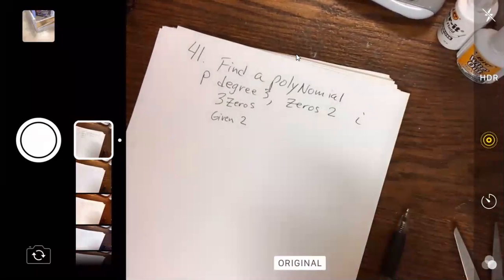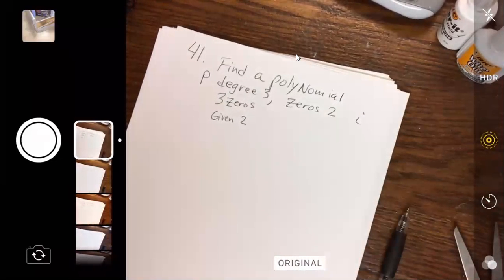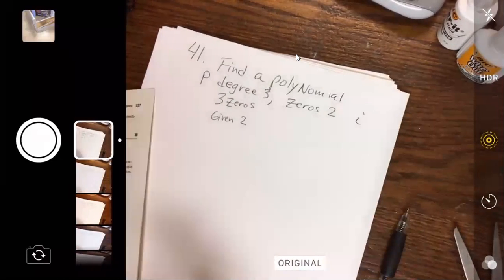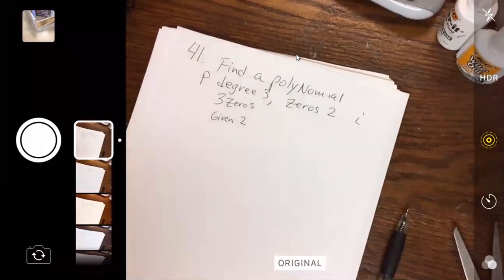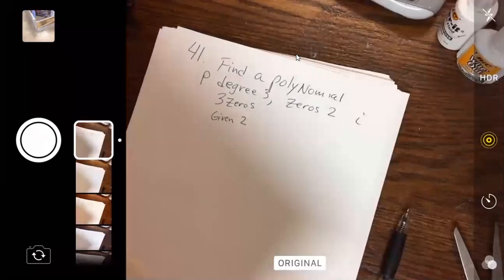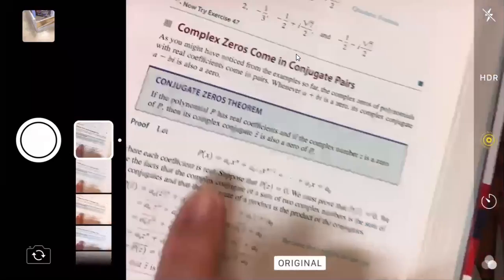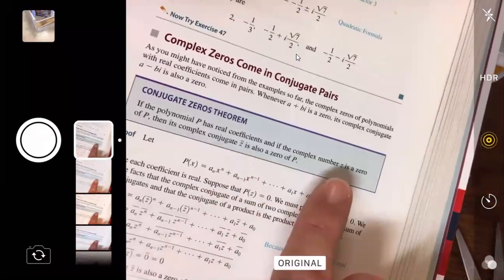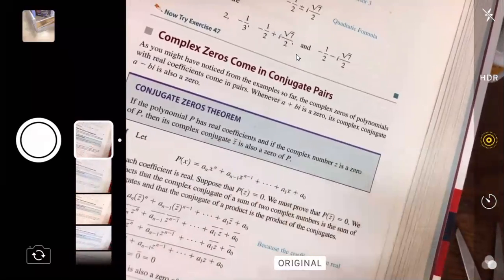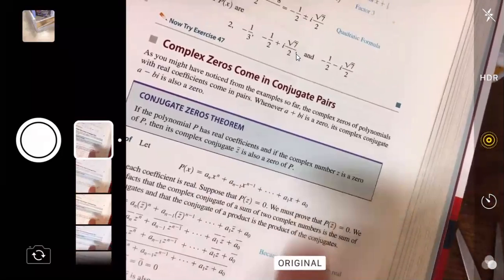Did we get across the conjugate zeros theorem? I'm not sure. Okay. The point being, they only give you one. If there's a complex number, an imaginary number that's a 0, they only have to give you one of them.